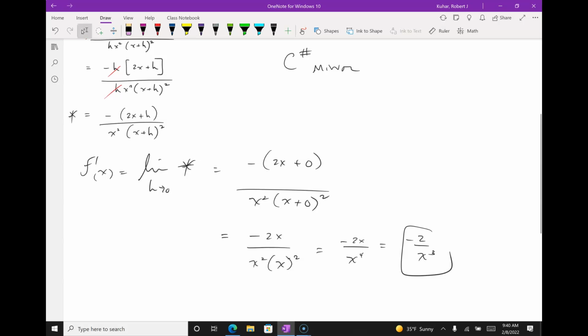Now, my original function was 1 over x squared, right? What's the domain of 1 over x squared? Everything but 0, right? So we're going to get a tangent line that's somewhere in the domain of the function.